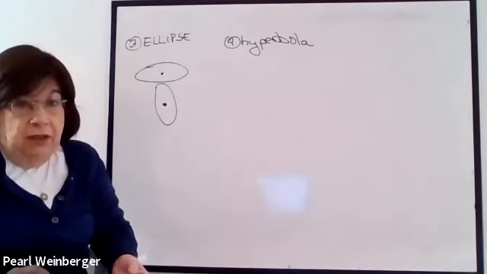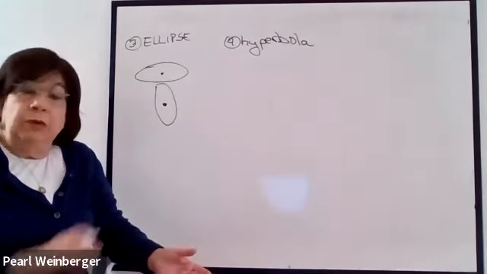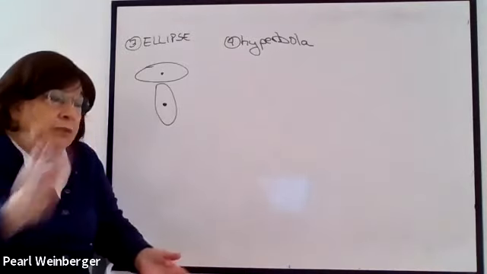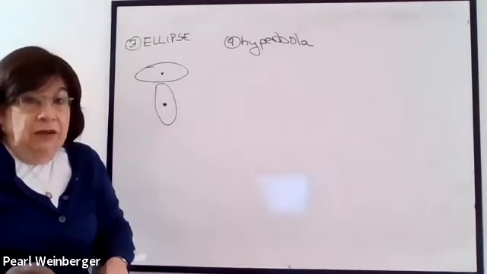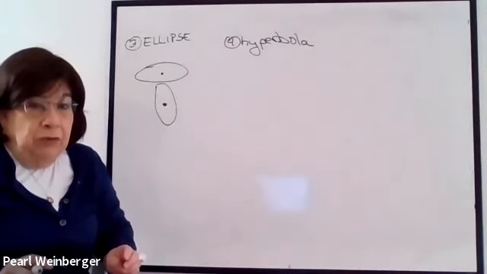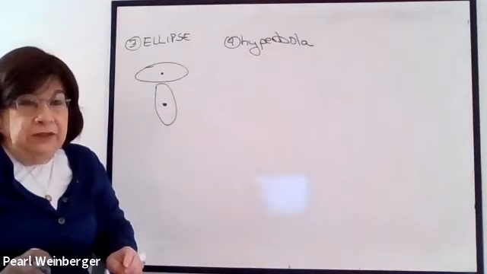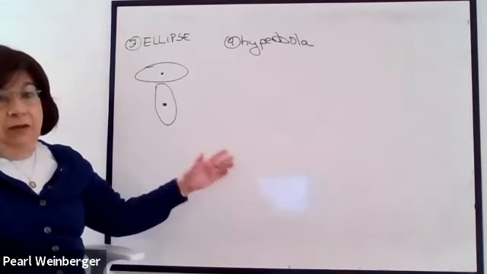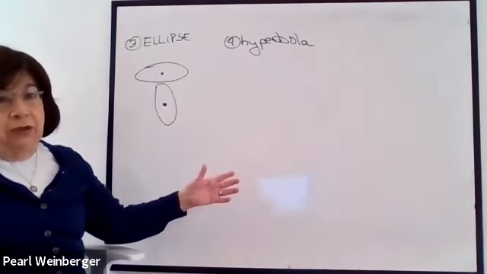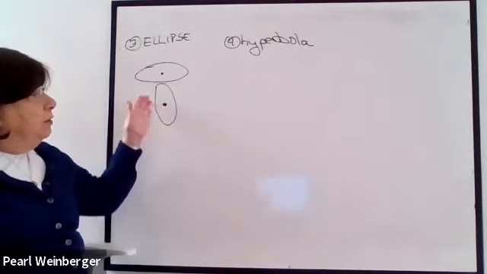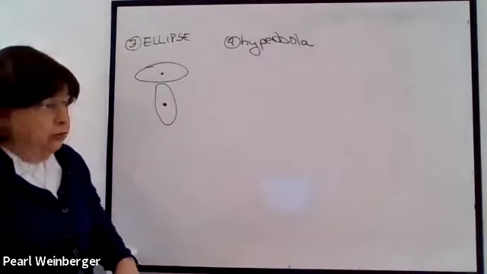And of course, if you look at the orbits of these planets around the sun, they're not total circles, they are what we call ellipses. They are elliptical orbits because they are not exact circles, they're longer and wider than a regular circle.